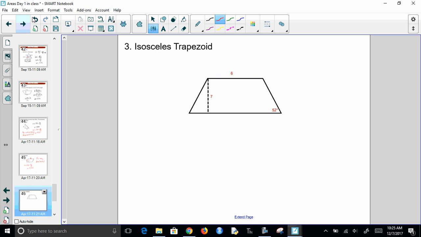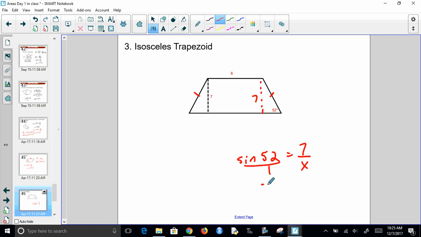Let's do another one. So if we have an isosceles trapezoid, we know that if that side's 7, these two sides are going to be congruent. So I could find this side by saying the sine of 52 is going to equal 7 over x.